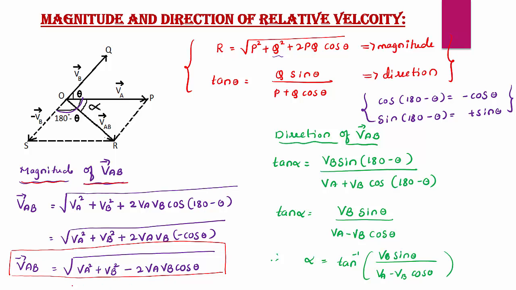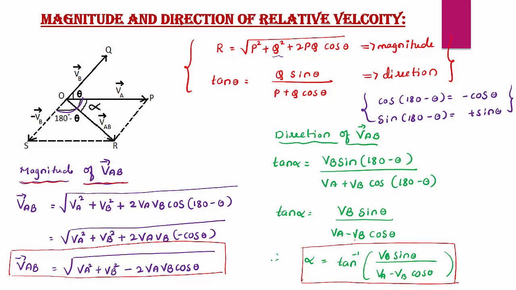So this is the expression for the direction of relative velocity. So this is the magnitude and direction of relative velocity. What is the magnitude? Vector VAB equal to square root of VA square plus VB square minus 2VA VB cos theta. And the direction is alpha equal to tan inverse of VB sin theta divided by VA minus VB cos theta.